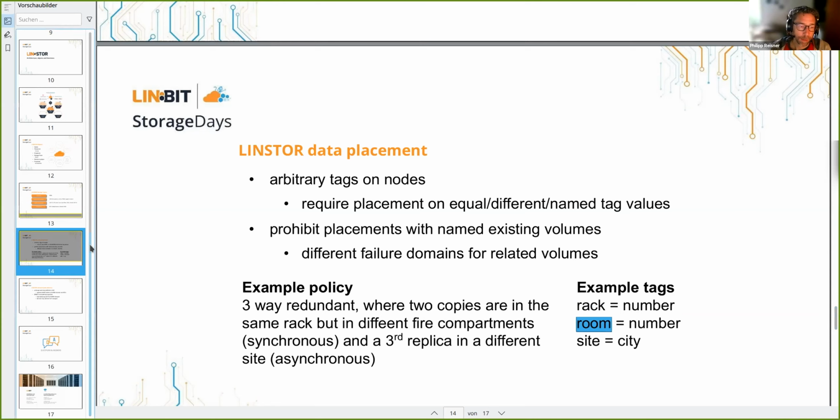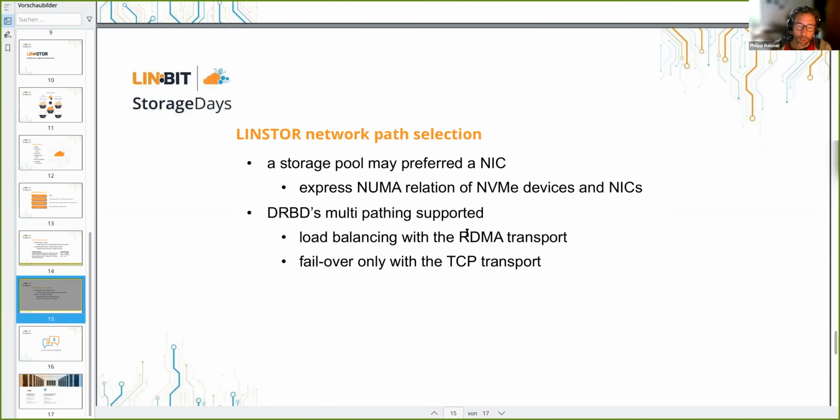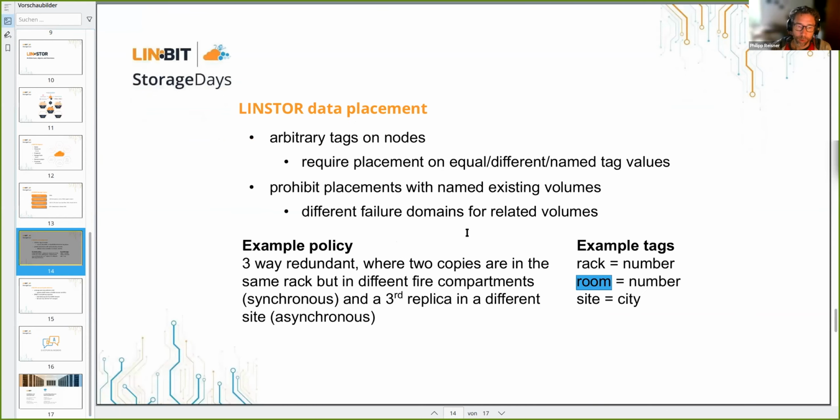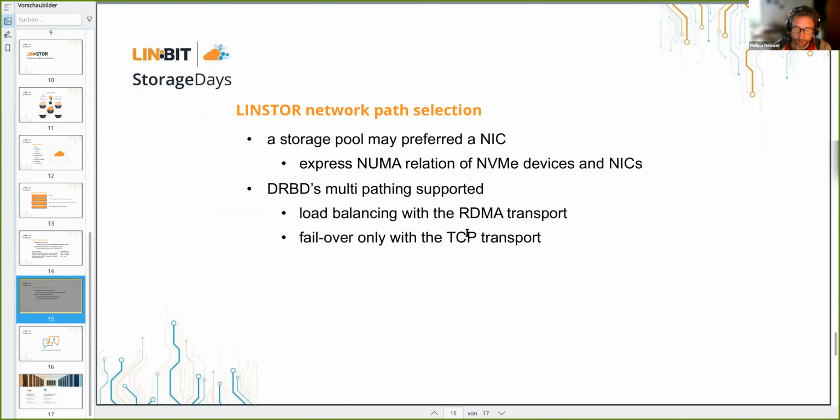And similarly, it can support you with selecting the right path over the network. One example we had was a customer that was building storage nodes with two sockets, and the machines were fully equipped with NVMe drives and two NICs.